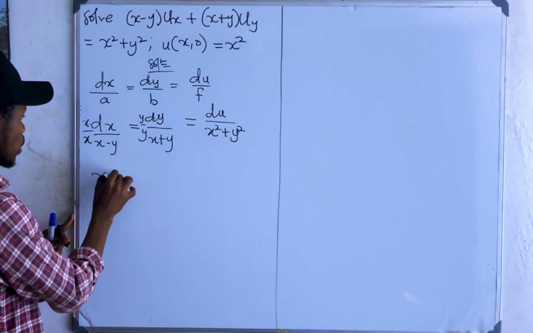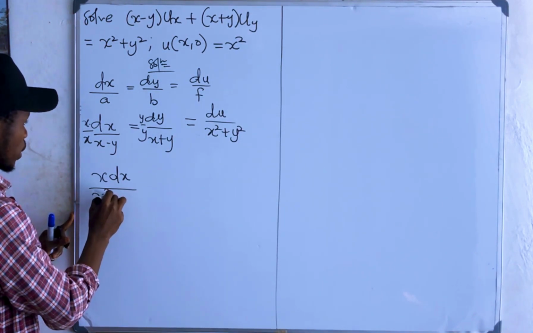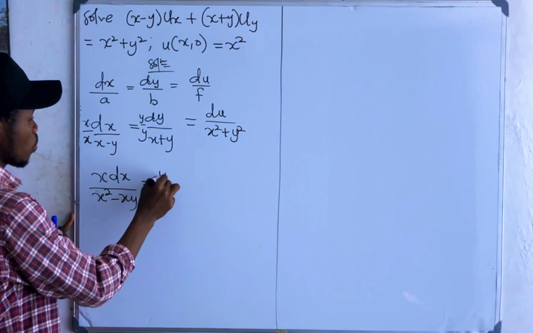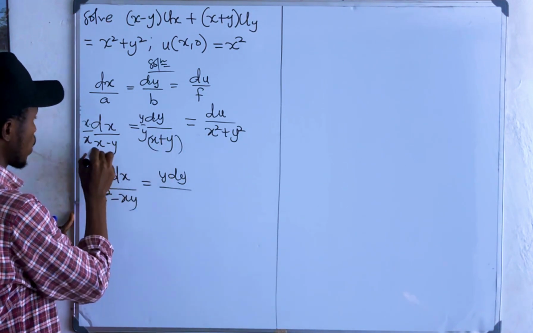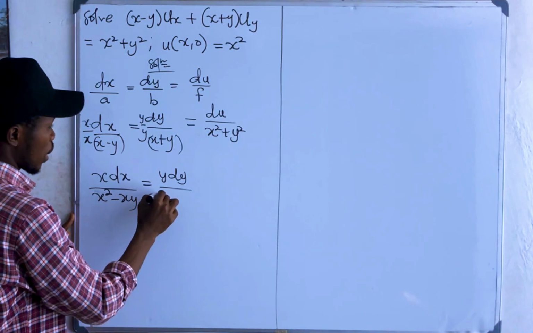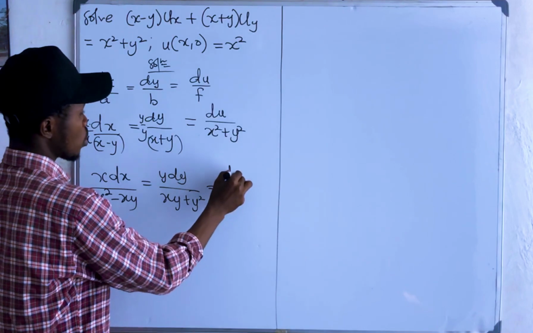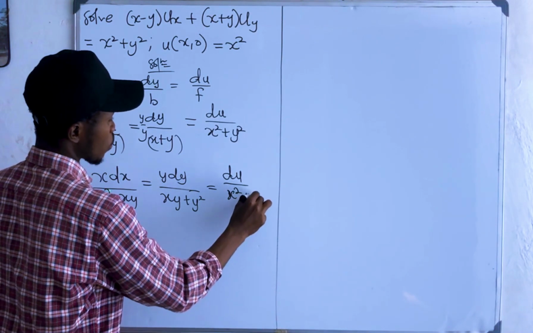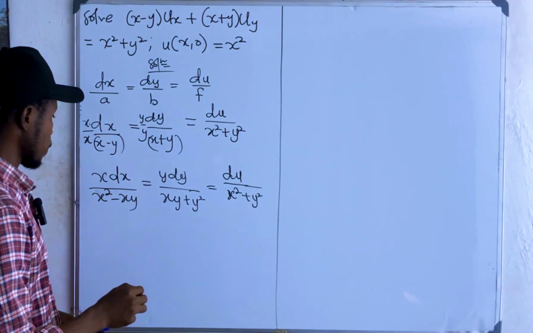It's going to give us x dx over x squared minus xy, right? And this will give us y dy over xy plus y squared, and this equals du over x squared plus y squared. Don't forget, this one is multiplying everything here. Now after doing this, let's add them.